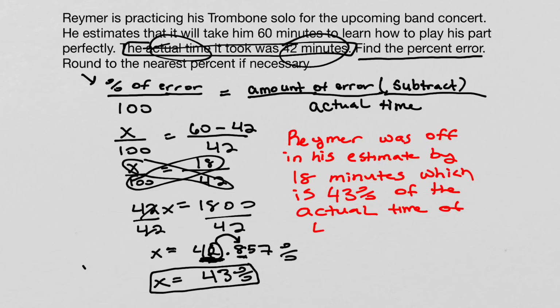The actual time was 42 minutes, so it is 43% off of the actual time of 42 minutes. There is our solution.